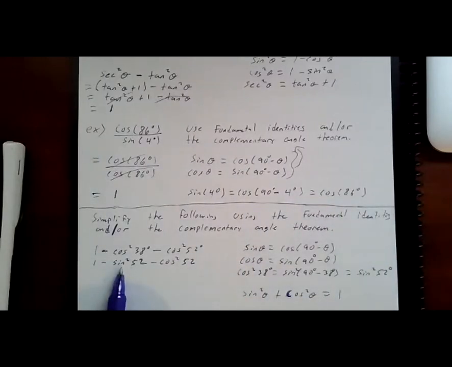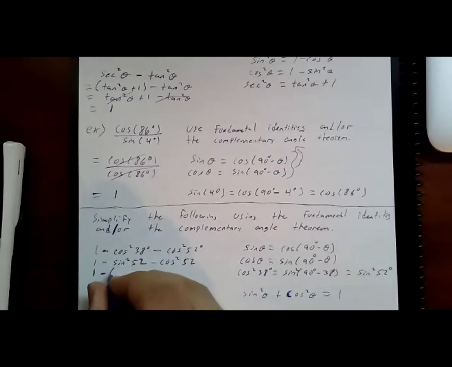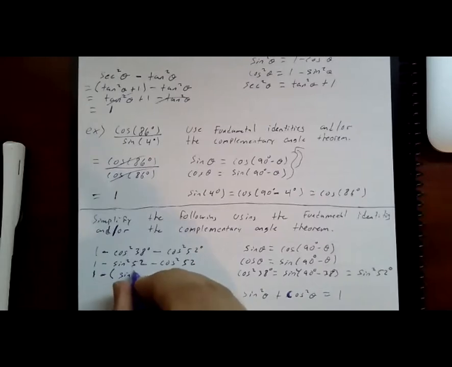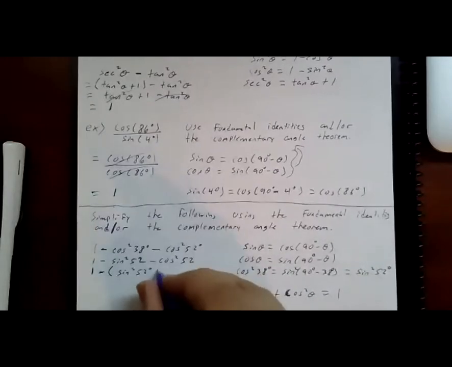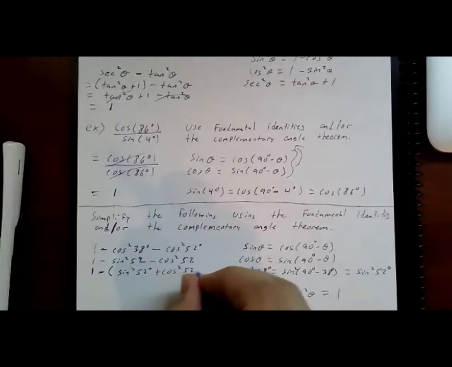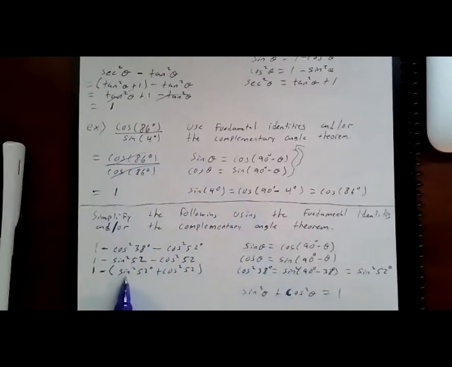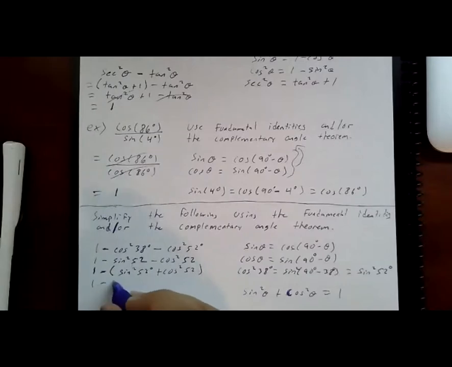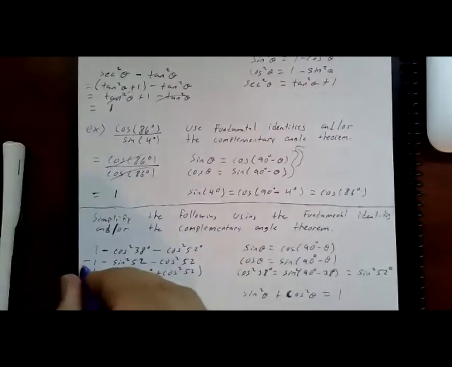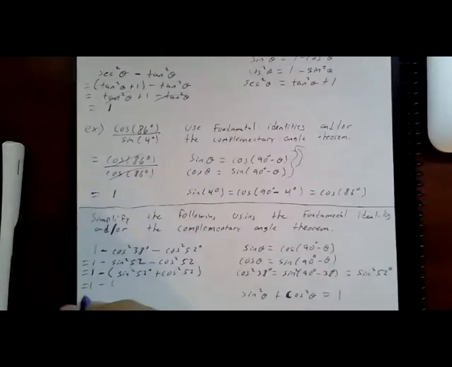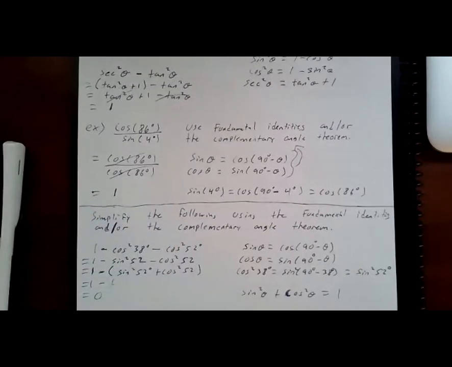These are the same angle, sine squared and cosine squared. If they were plus, that would be a 1. If it is not obvious, what we can do is factor out a negative and change these to positive. Now we should see that these are just a 1. So use your Pythagorean identity, and you'll get 1 minus 1. So this will equal 0.